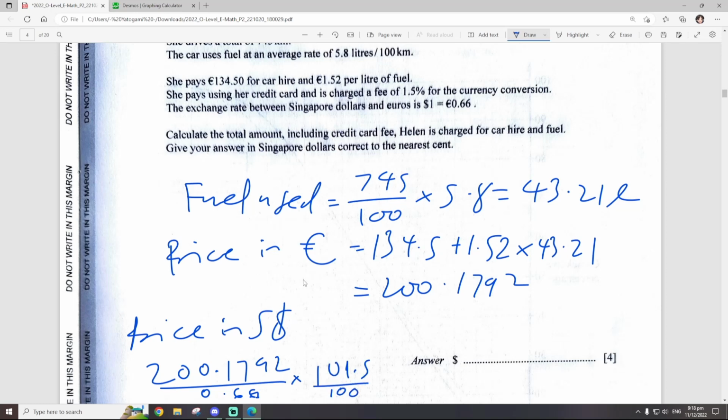This is how you add the 1.5% fee. And you give your answer in Singapore dollars correct to the nearest cent. So you'll get 307.85 to the nearest cent. Okay.